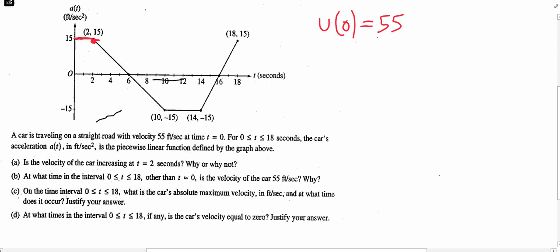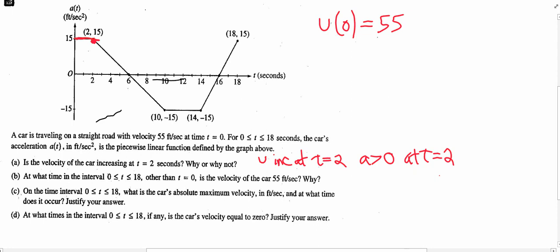So we can simply say the velocity is increasing at t equals 2 seconds because the acceleration is greater than 0 at t equals 2 seconds. So that's pretty straightforward.